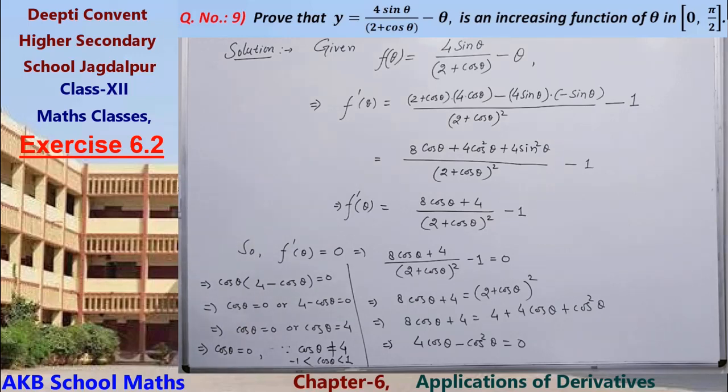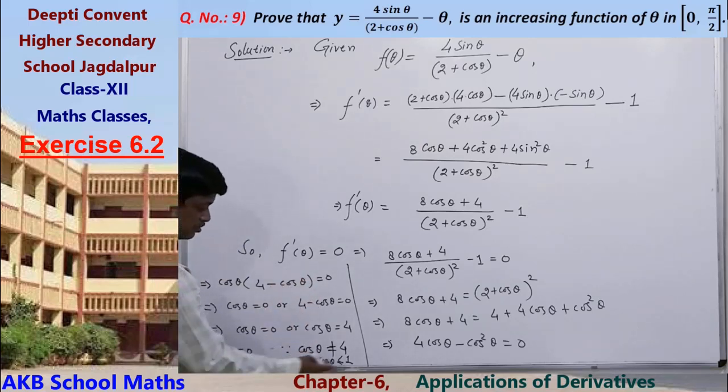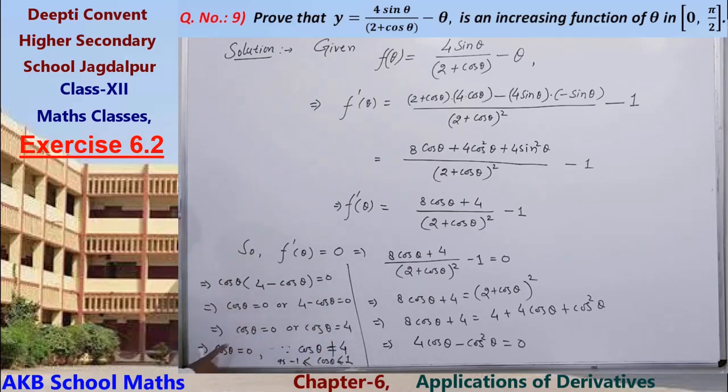Cos theta cannot be 4 because cos theta lies between minus 1 to plus 1. So the only value, cos theta equals 0, is our value, which gives theta equals pi by 2.